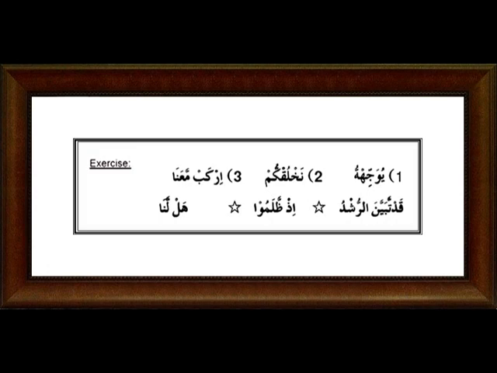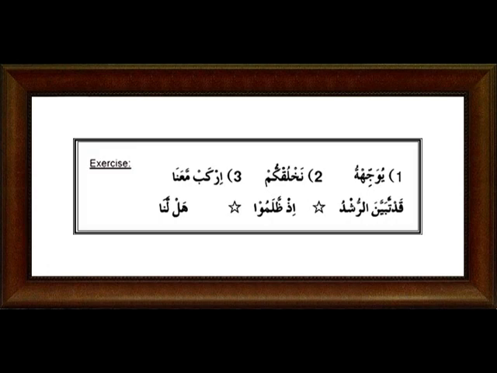As you can see from the definition, the first ha will be skipped, so the jim will be joined over with the second ha, and this will be read as yuwajjihu, yuwajjihu.